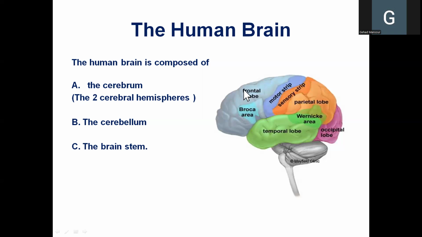It is the frontal lobe. This is called the frontal pole. So this is the anterior most part of the cerebral hemispheres, and the posterior most part of the cerebral hemisphere is the occipital lobe. And then here you have the cerebellum just underneath the occipital lobe and the temporal lobe.